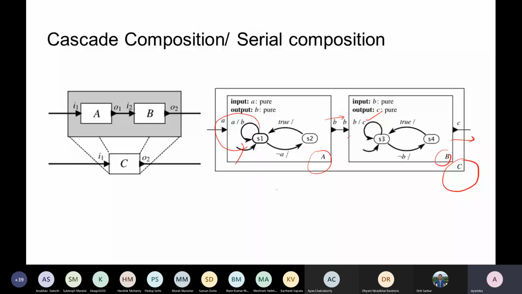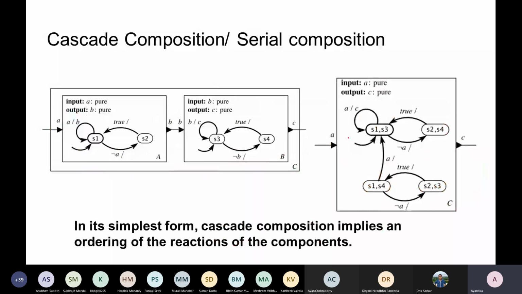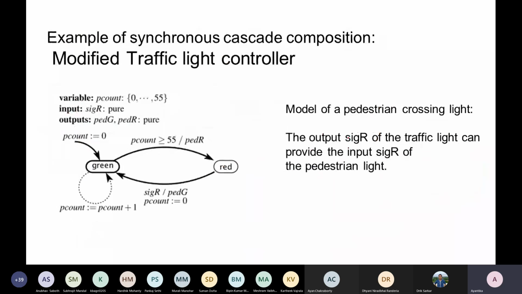If you go back and think about your traffic light controller example, so far when we talked about modeling the pedestrian behavior, we were very vague. We talked about there being some waiting and crossing states, and some possibility of non-determinism.